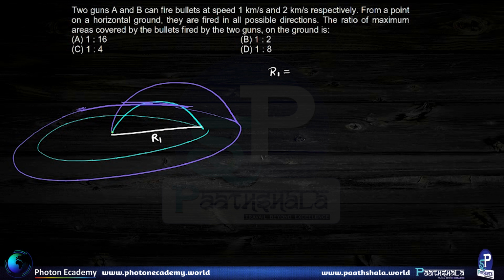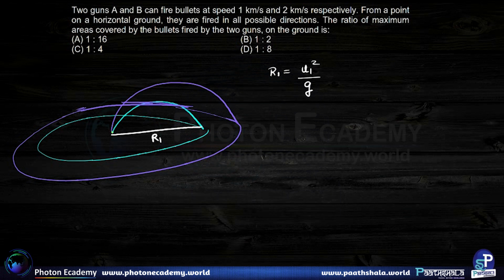So R1 is equal to u1 square upon g. So this is the radius. The area A1 is equal to pi R1 square, which is equal to pi u1 raised to 4 upon g square.